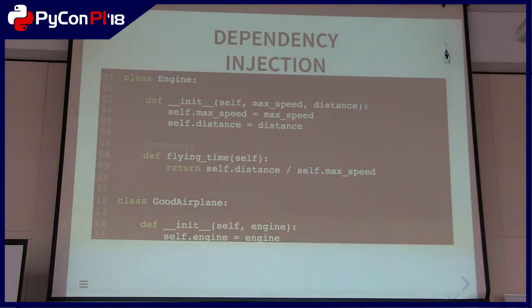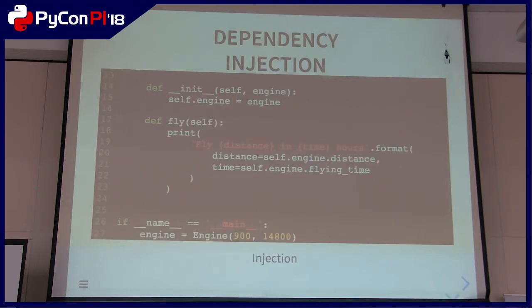Dependency injection allows you to separate or isolate some logic in a separate object and use it as a dependency for another object. So here we have an engine that contains logic about engine, and we are injecting it into the airplane.